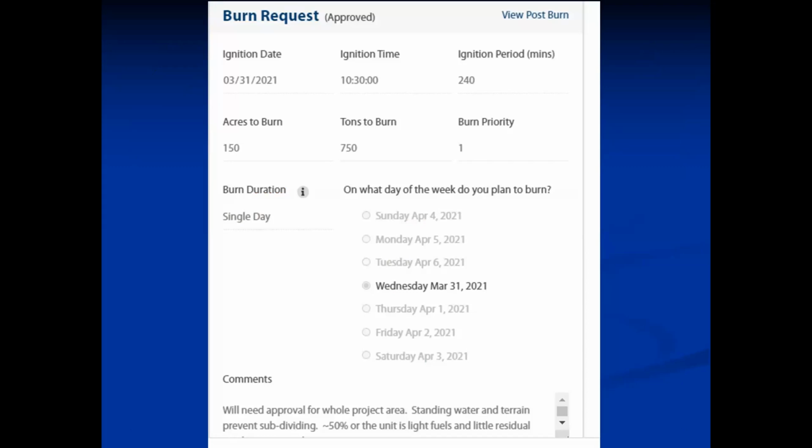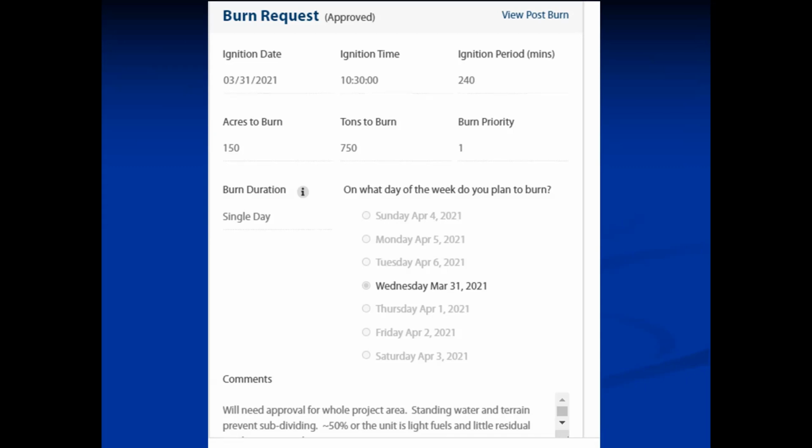One of the things you'll see once you have a burn permit is that burn requests are required for large burns. So you have to get one in or we don't know you're trying to burn and you'll never get an approval to burn. If you've got a small burn, less than 100 tons, we still like to know about them because it helps us make decisions for the really big ones.